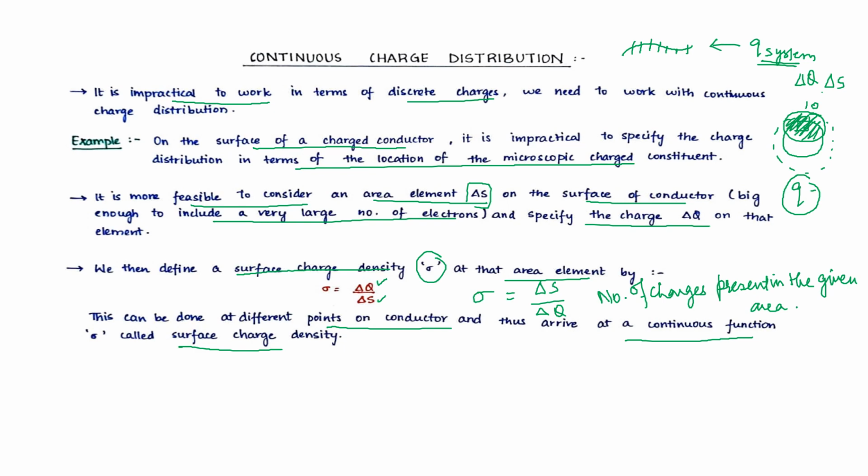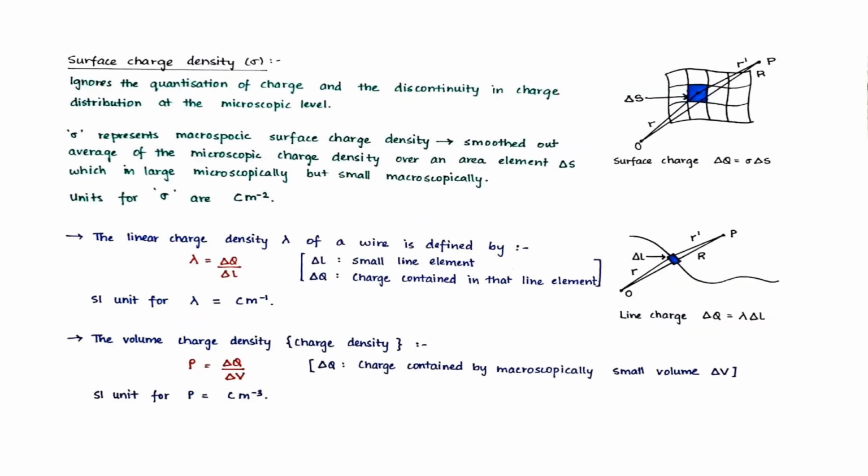sigma, surface charge density. Now surface charge density sigma ignores the quantization of charges and discontinuity in charge distribution at the microscopic level. Sigma represents the macroscopic. They are removing discontinuity at microscopic level, but sigma is a quantity which explains macroscopic phenomena. Macro means bigger, the bigger space.